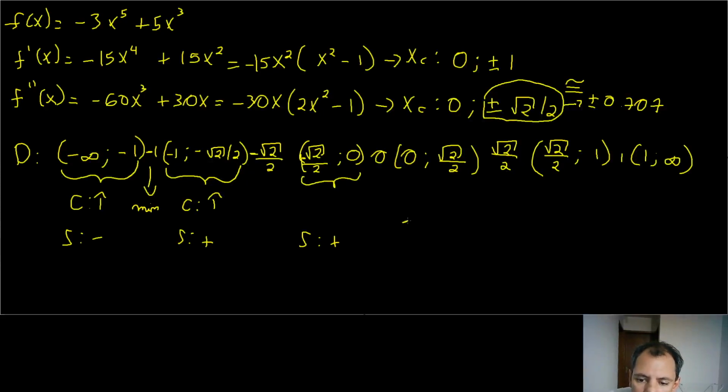And then you have a point of inflection here, I think, at minus square root of 2 divided by 2. And here you have a positive slope, but probably a concavity down. I'm just going to assume that concavity here is down. Okay, let's see if it is down.